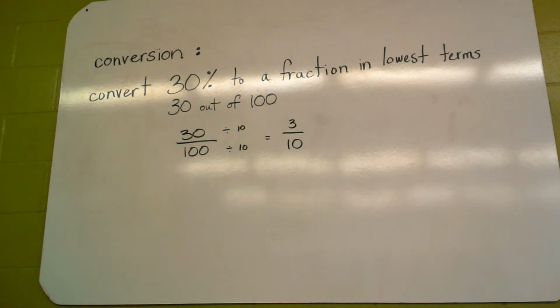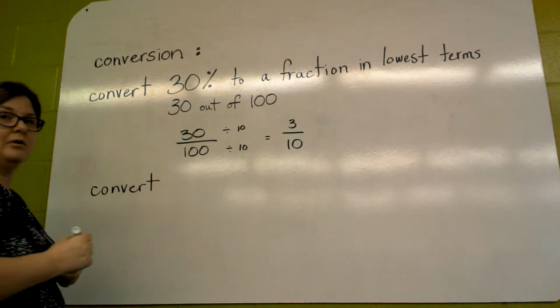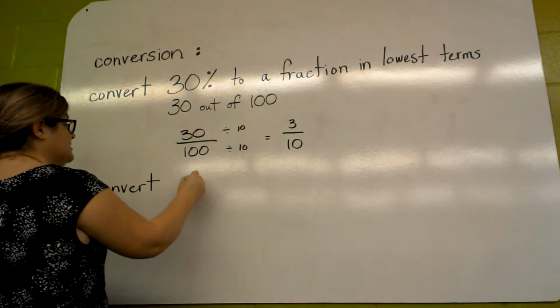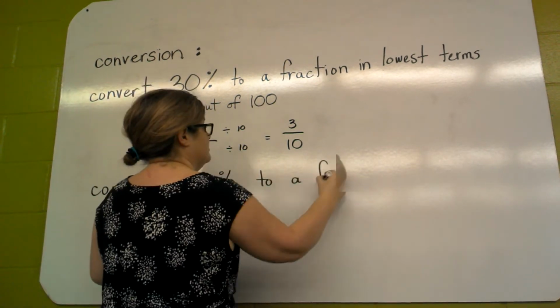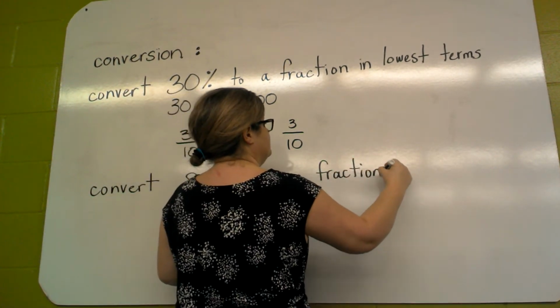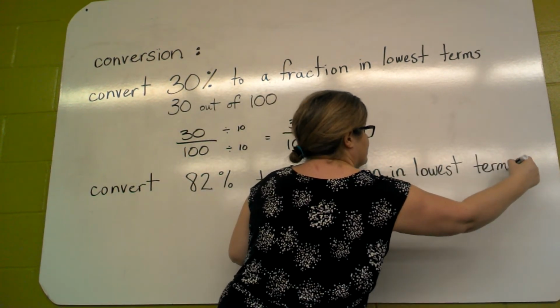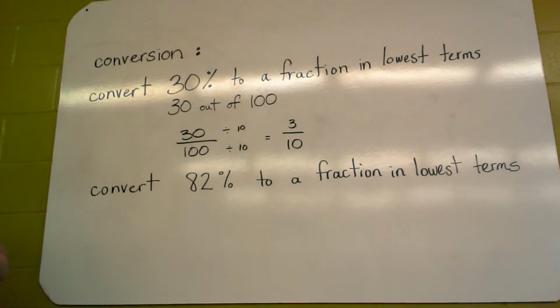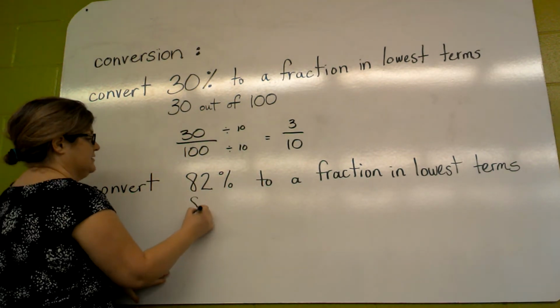Okay, so the instruction is convert, that means change the form of the number, convert 82% to a fraction in lowest terms. 82 stays the same.